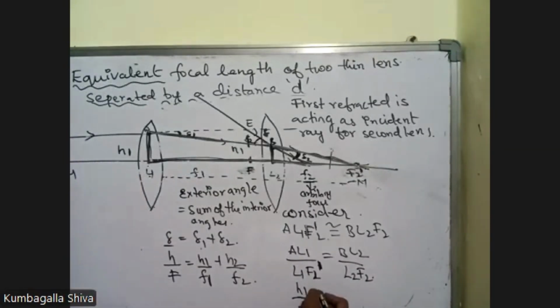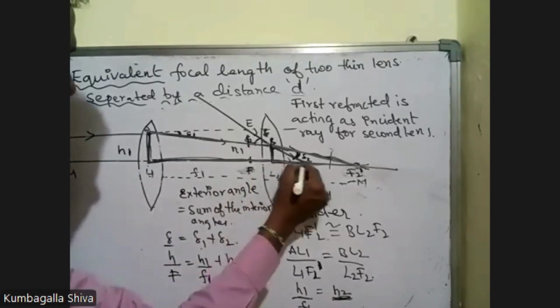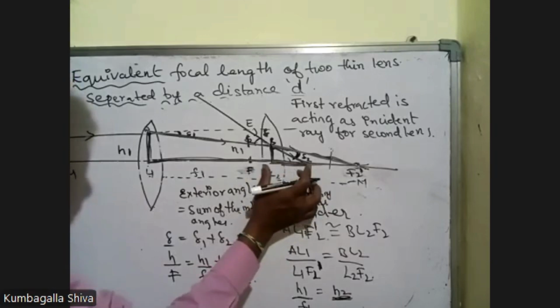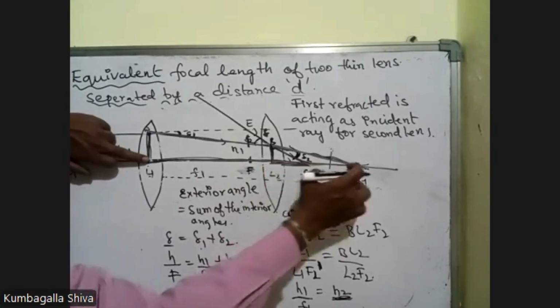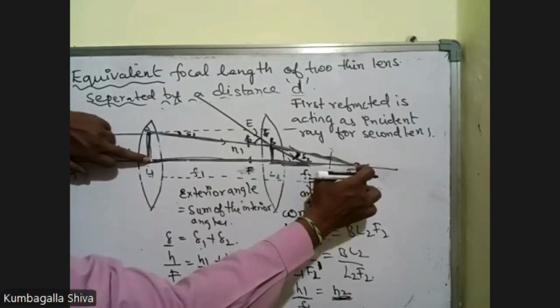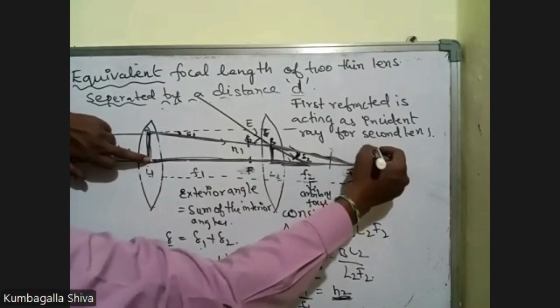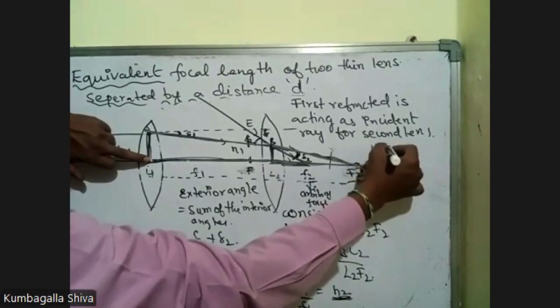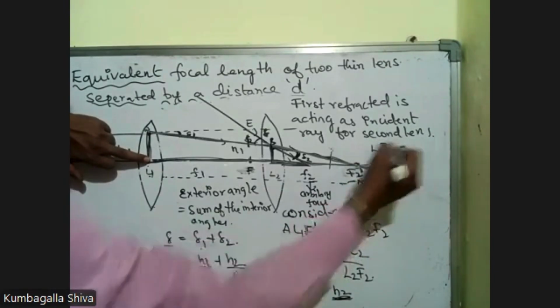Now another one is H2. Now what is L2 F2? L2 F2 is this one. This is the one I'm seeing. For this distance, I'm taking the whole distance, that is from L1 to F2, minus what will I do?